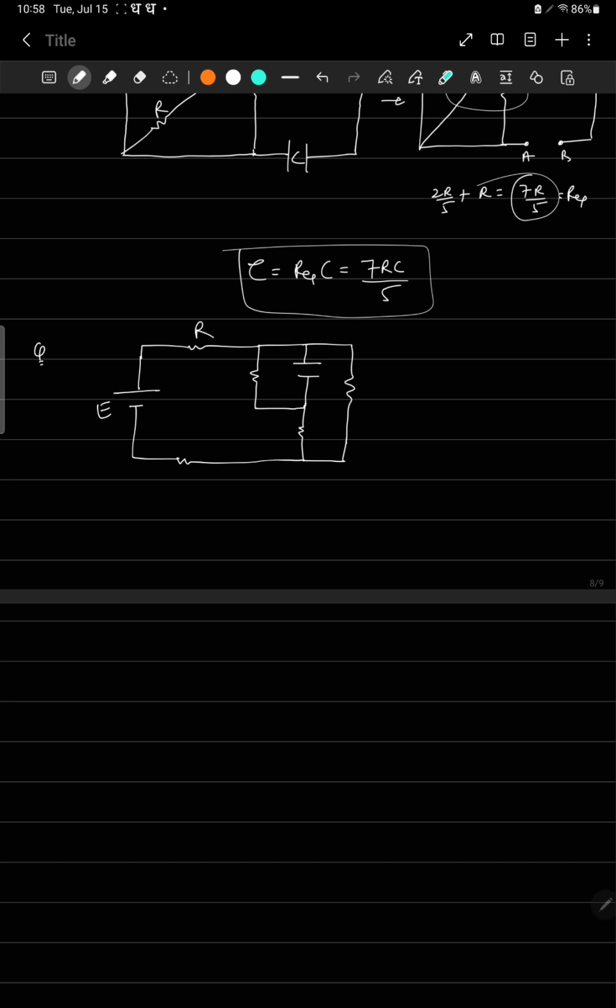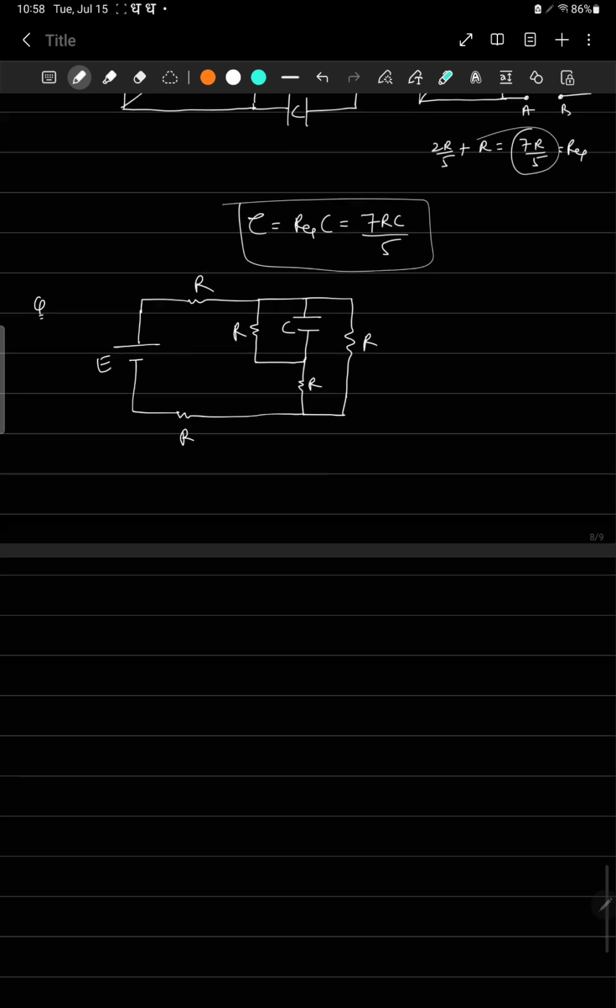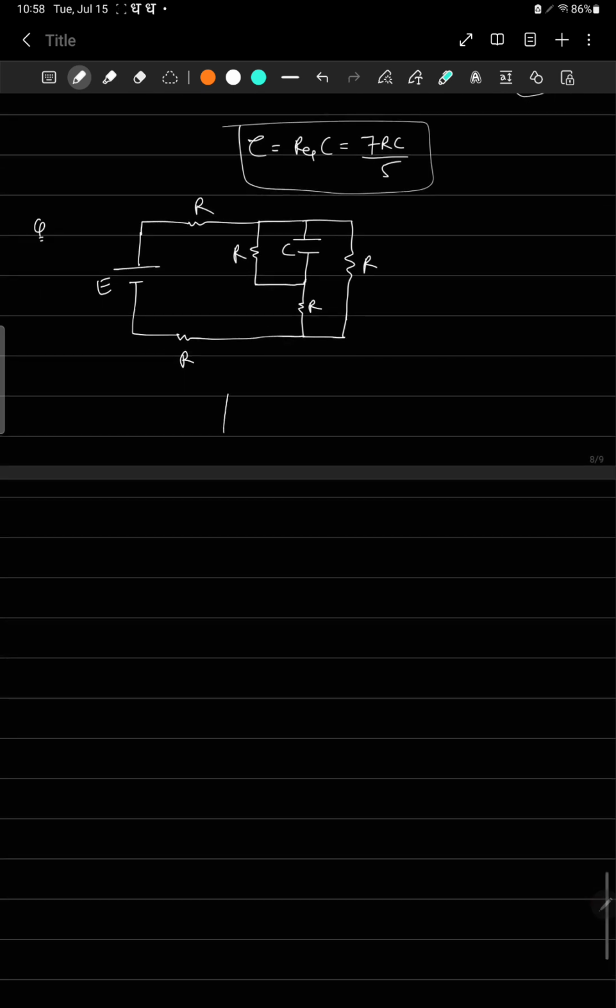So R here, C here, R. Now you just see this diagram. Again you draw the equivalent diagram. The battery is replaced with the connecting wire here. There's a resistor, and there are terminals, a resistor here, R. Now these are A and B.